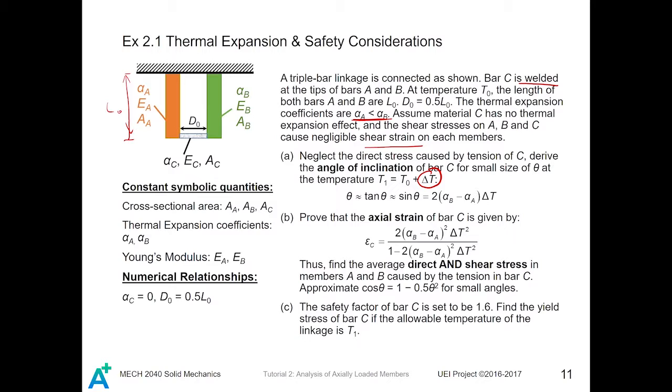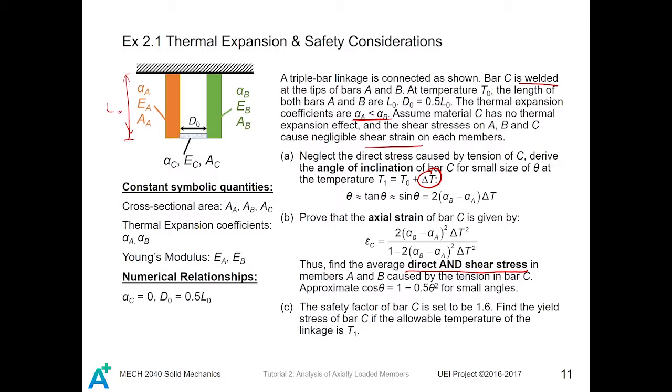And you are going to find the direct and shear stresses in both A and B caused by the tension in bar C. For this case, approximate the small angle by this formula: cosine theta equals 1 minus 1/2 of theta squared for small angles.